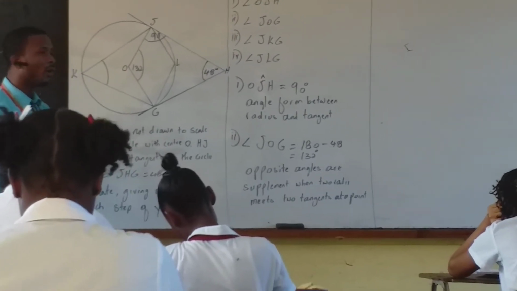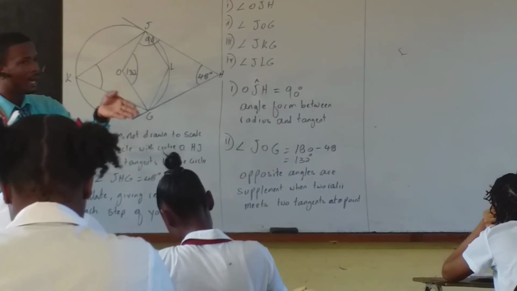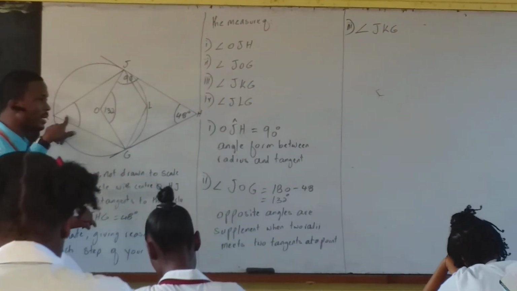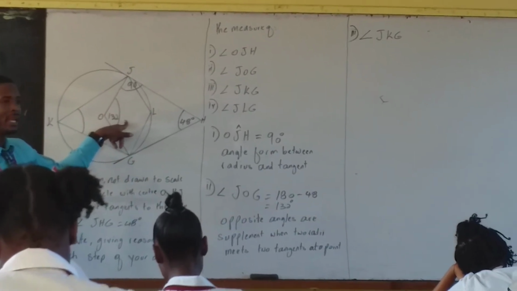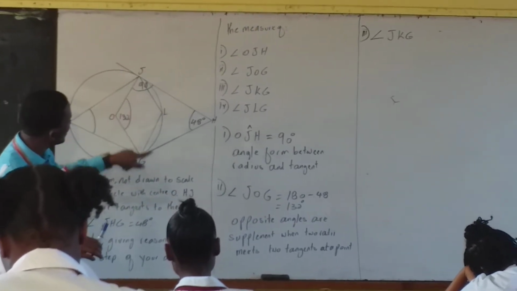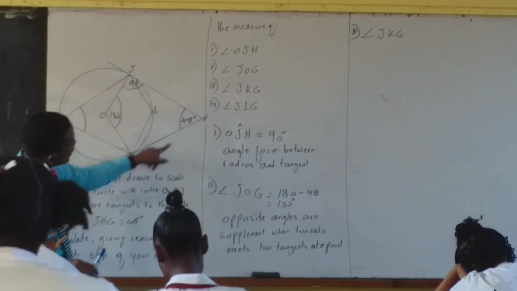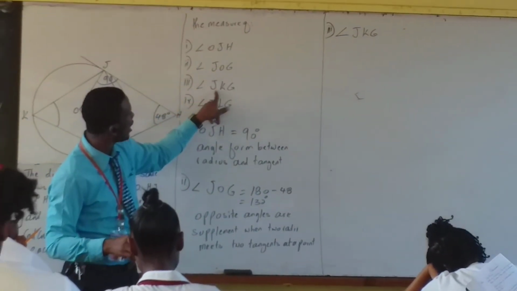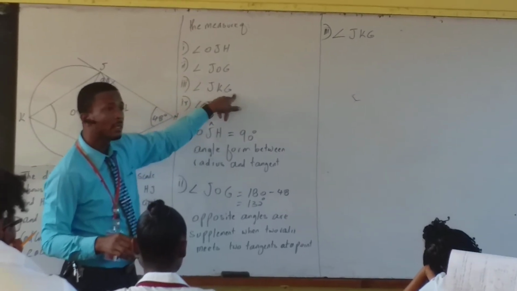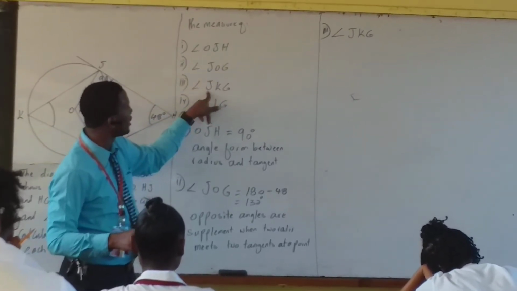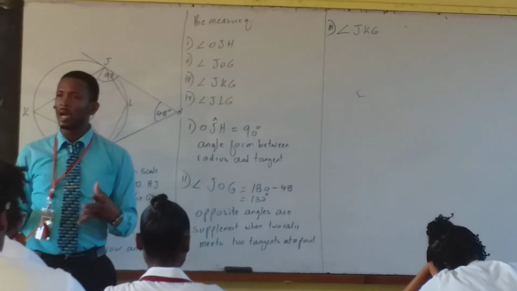It is half of the angle at the center. So please remember that the angle at the circumference is half the angle at the center, standing at the same point. You realize that both angles have J and G in common. So when they have both the beginning and the end points in common, they have a relationship.